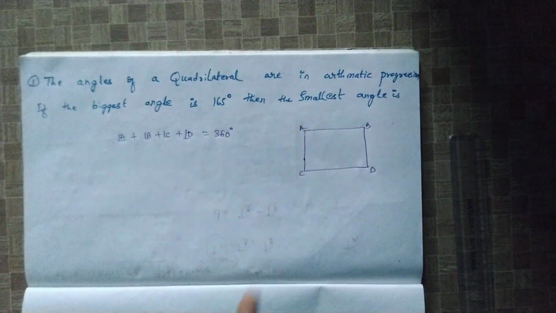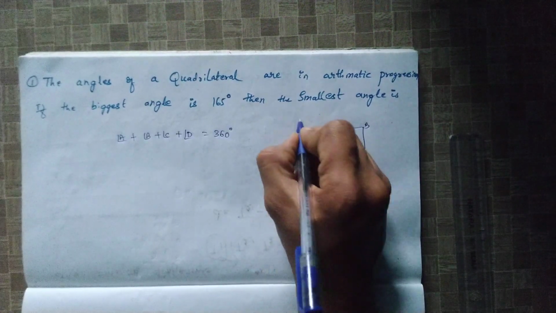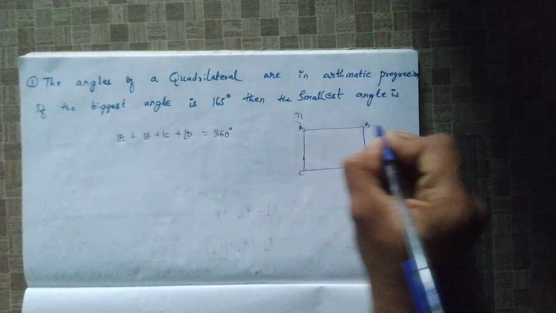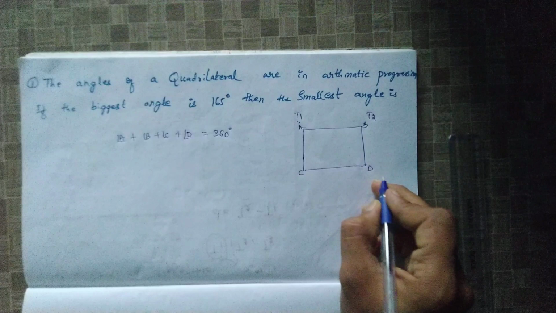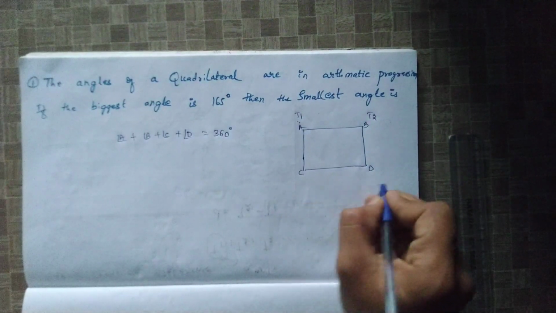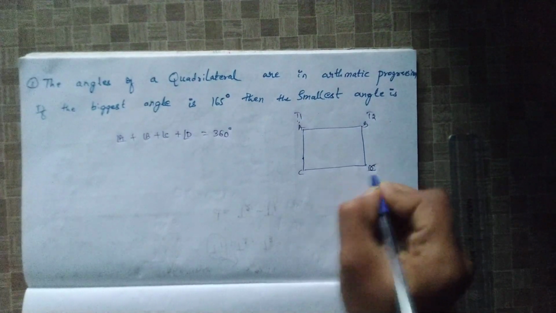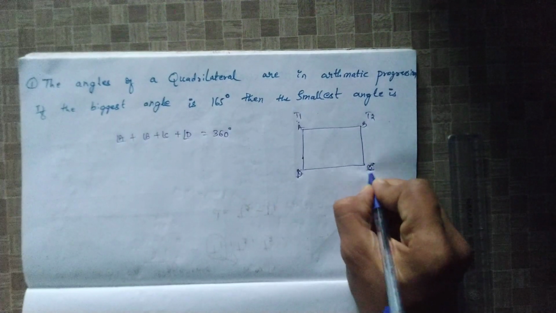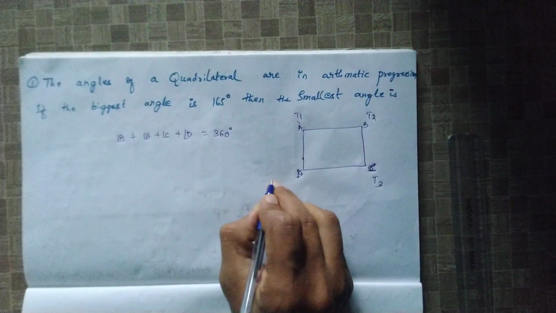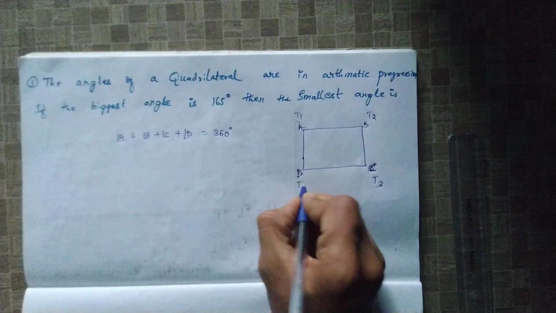Now A becomes the first term T1, B becomes T2, C becomes T3 and D becomes T4.